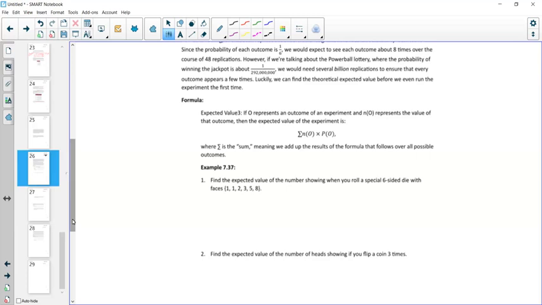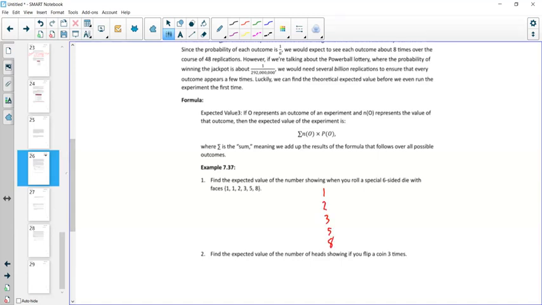So let's find the expected value of the number showing when you roll a 6-sided die. So let's see what we have here. What are our possibilities? A 6-sided die with the faces 1, 1, 2, 3, 5, or 8.